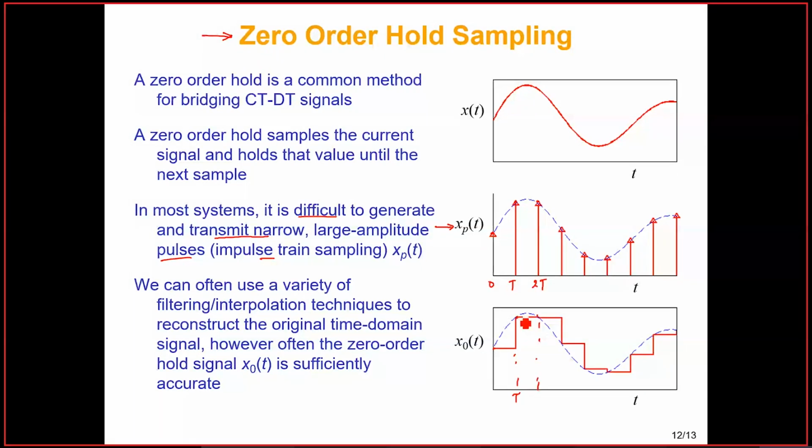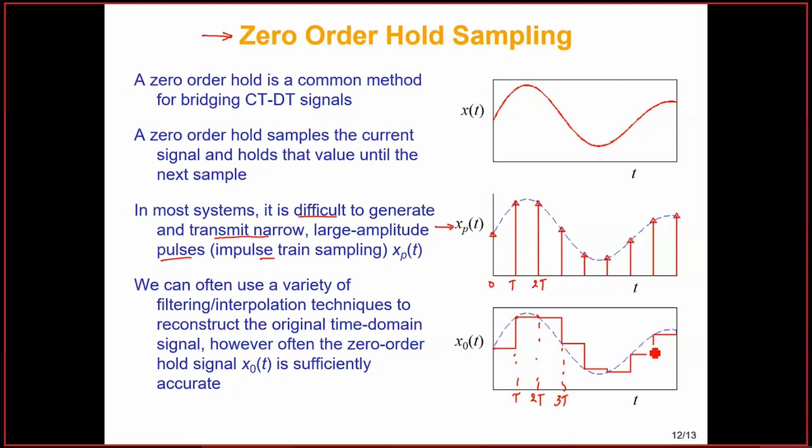So this way we end up getting this type of a signal right here. So this is your zero hold sampling signal. So impulse terrain sampled signal or impulse sampled signal, zero hold sampled signal.